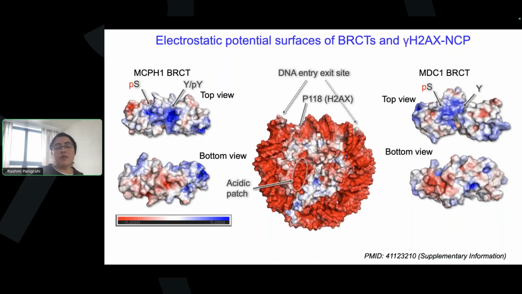So now it makes sense that the BRCT only recognizes the phosphoserine and tyrosine, but not any other residues of histones or DNA. So in other words, the nucleosome structure remains intact.